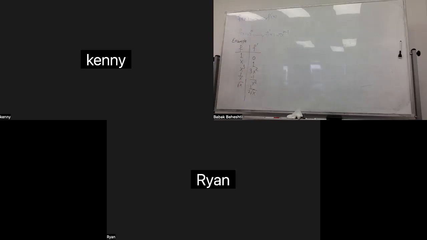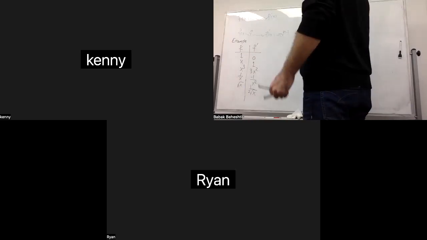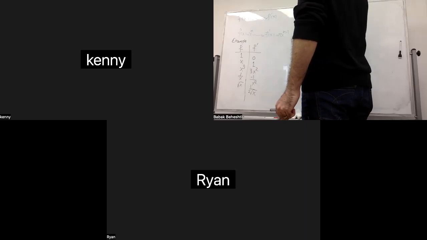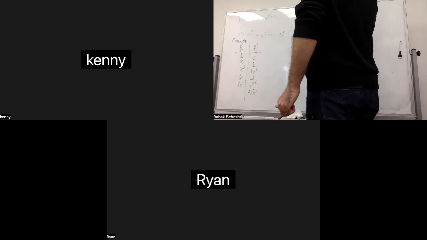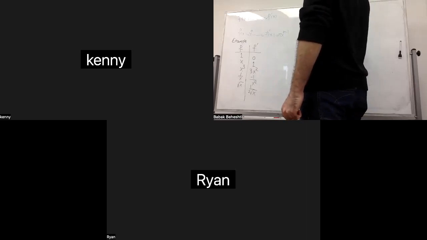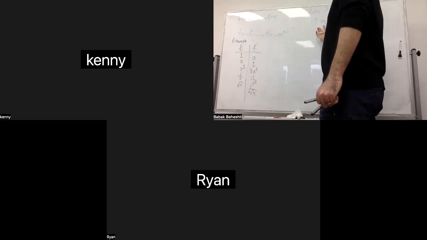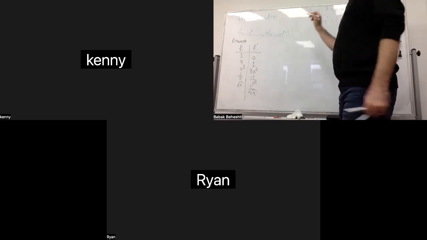Now, what is the next step? We also learned some rules of derivatives, or rules of differentiation. For instance, if you have two functions and you add them, like f plus g, the derivative of the sum is just the sum of the derivatives.